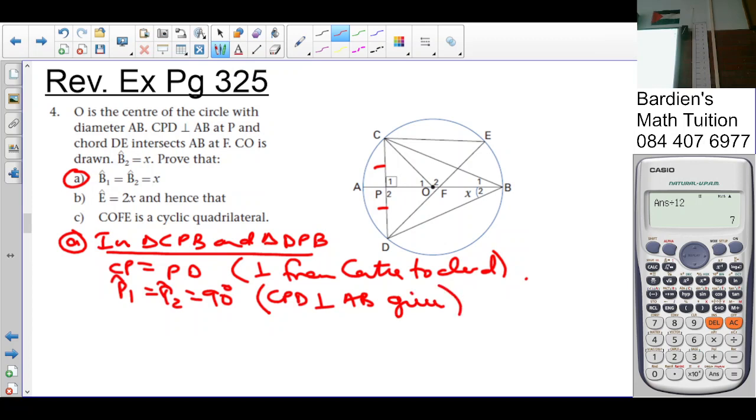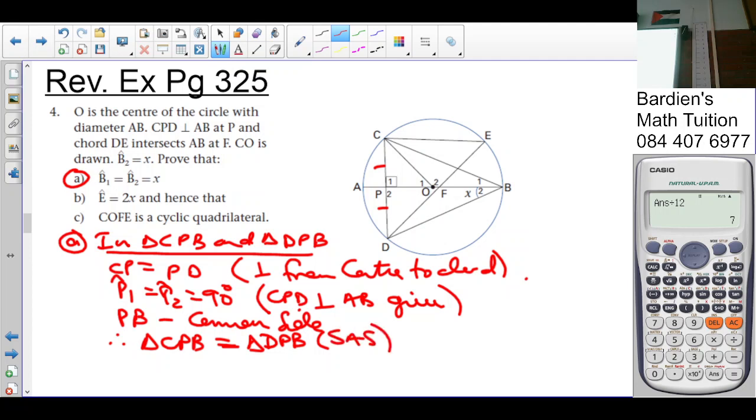Okay? And then PB is a common side. So that is enough to conclude congruency. What case of congruency is being applied here? Triangle CPB is congruent to triangle DPB. Okay, why? What case of congruency is this? Side angle side.